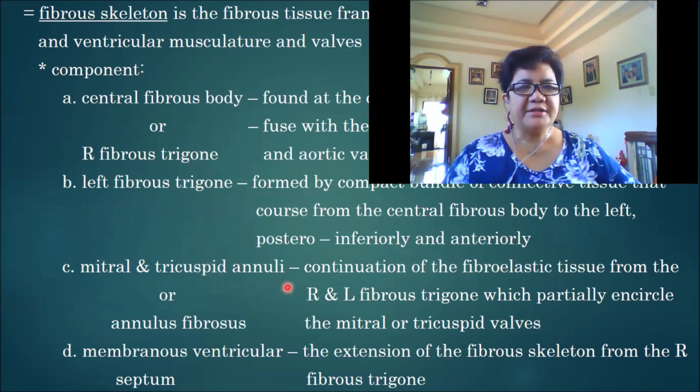Then you have the mitral and tricuspid annuli, or the annulus fibrosus. This is another fibroelastic tissue which is continuous from the right and left fibrous trigone.